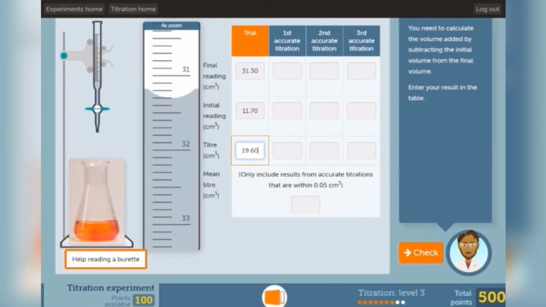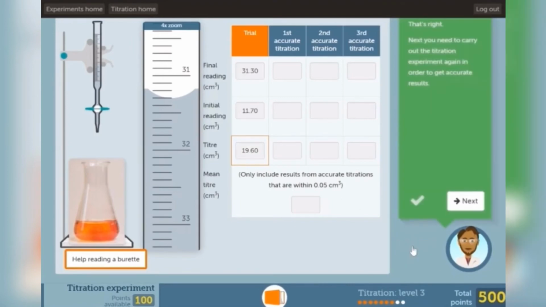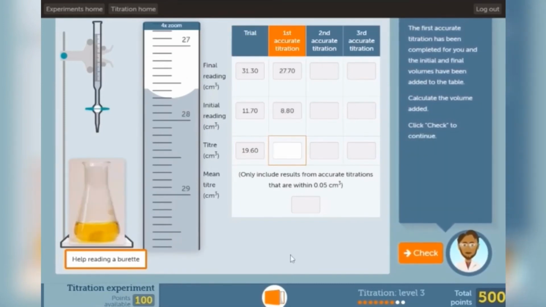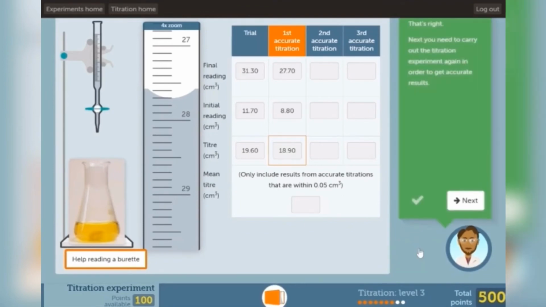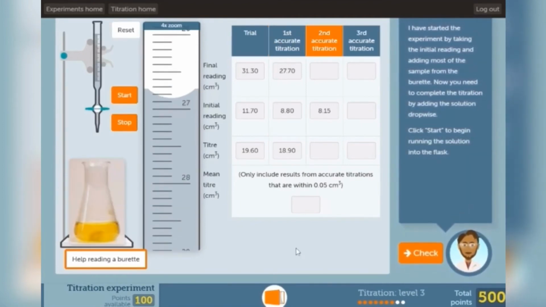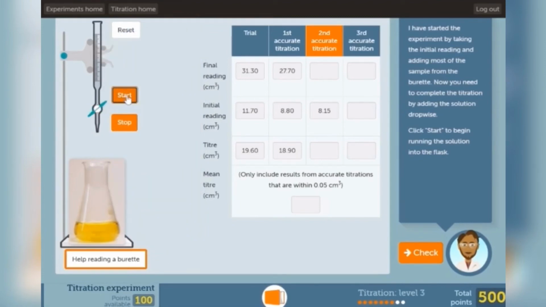Continue with the first accurate titration with an initial reading of 0.80 cm³. The final reading is 27.70 cm³, and we obtain 18.90 cm³ for the titre volume. The second accurate titration has an initial reading of 0.50 cm³.